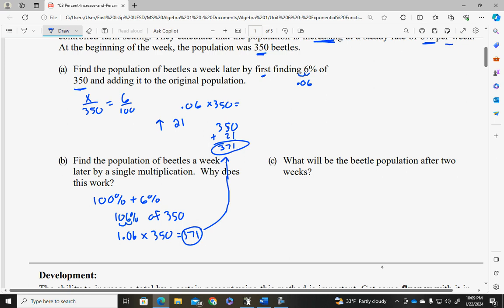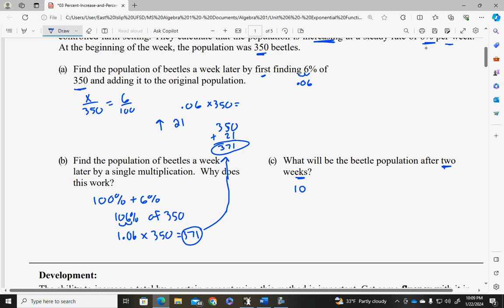So what will be the beetle population after 2 weeks? Well, let's again do 106%, right? Because each week it increases by 6%. So it's okay that we're on week 2. Still just an increase of 6% from the week before. So the week before would be 100% of the beetles, and it's increasing by 6%.